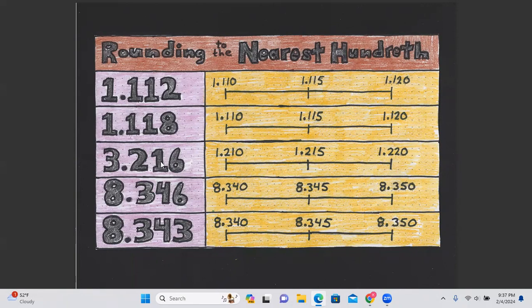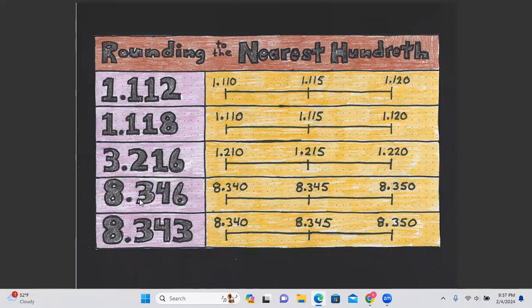And let's continue with 3 and 216 thousandths, and we can see that 216 is greater than 215, which lets us know that 3 and 216 thousandths rounds to 3 and 22 hundredths. And let's go on to 8 and 346 thousandths.